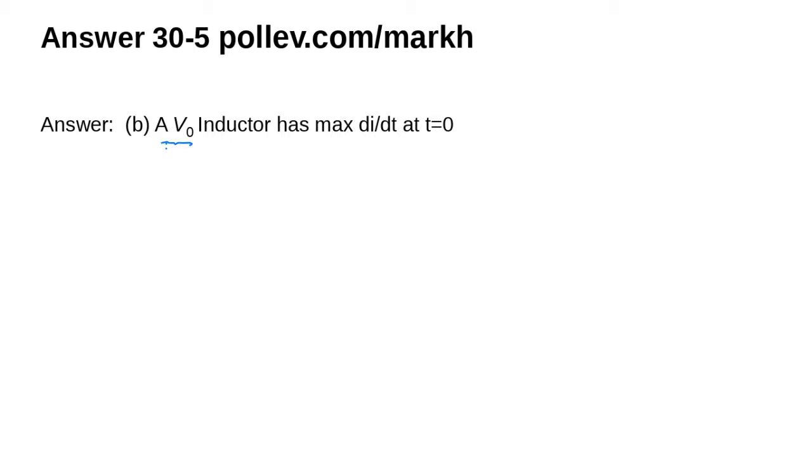So I guess this is a little bit trickier to explain, but again we can start by remembering the time response of an inductor. So what happens over time to our current?